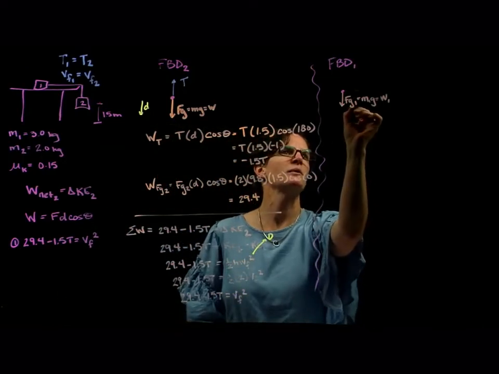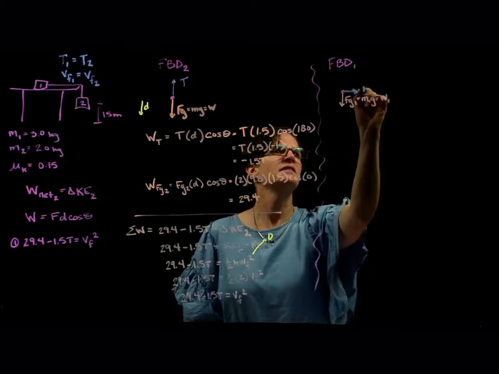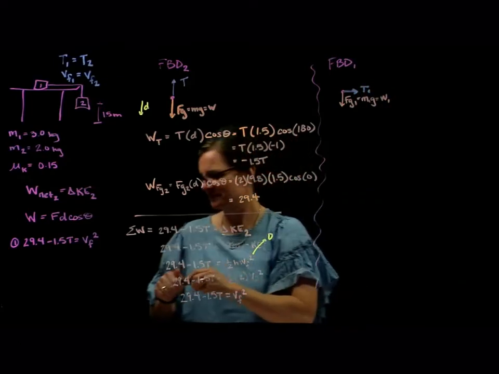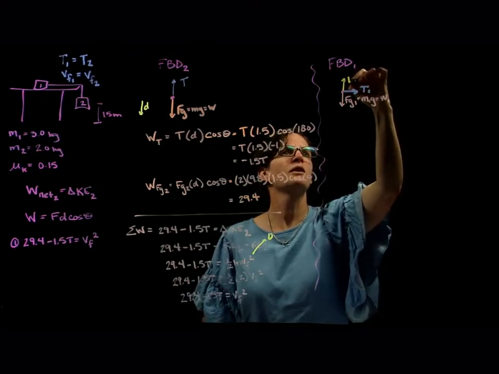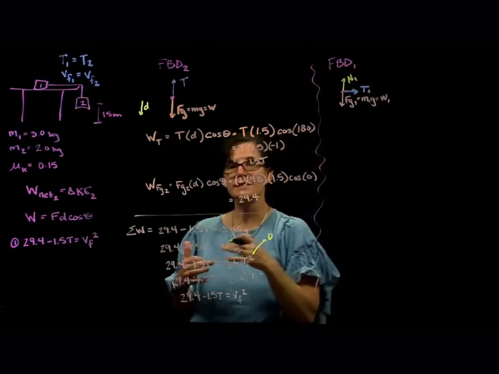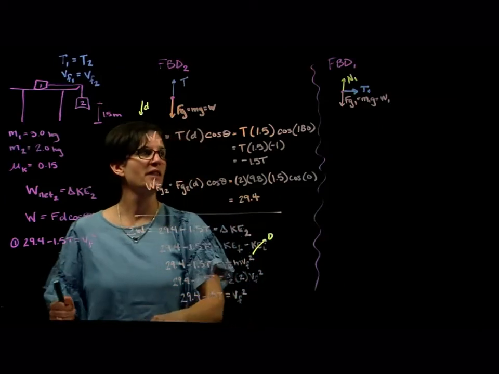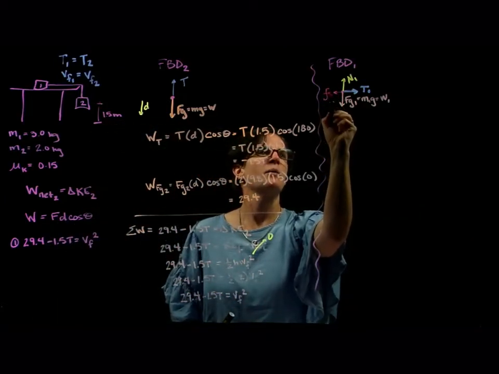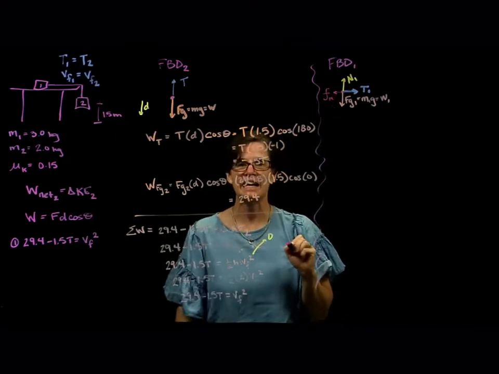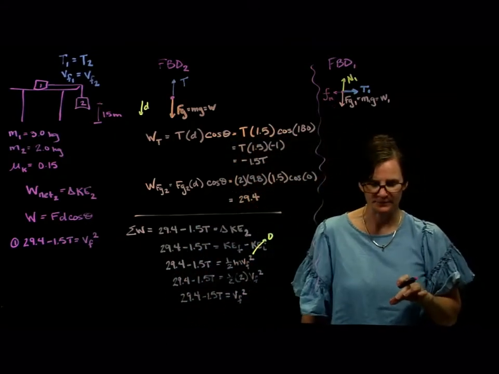Tension is pointing to the right here. So there's T on block 1. We have the normal force pointing up. So the block is sitting on a surface. And we're told that there's friction involved in this case. So we do have friction opposing that motion. That's a kinetic friction because the blocks are actually sliding.